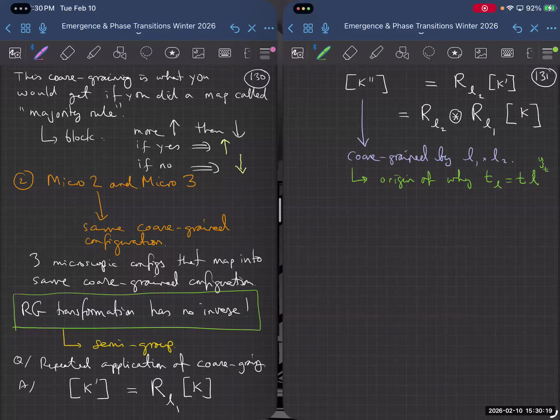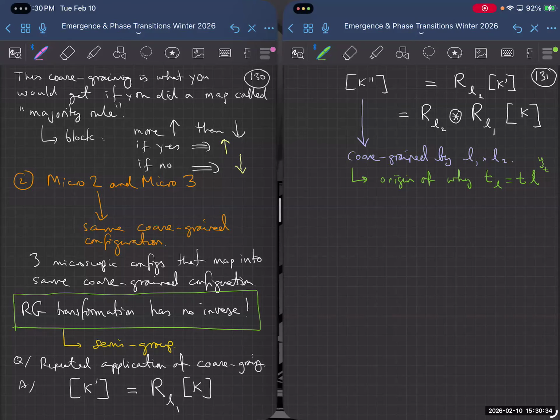So that was the thing that we couldn't explain before. We're going to see that we actually can explain this functional form because of this group property, and we're going to talk about that in a few minutes.